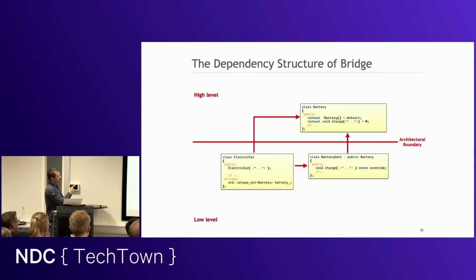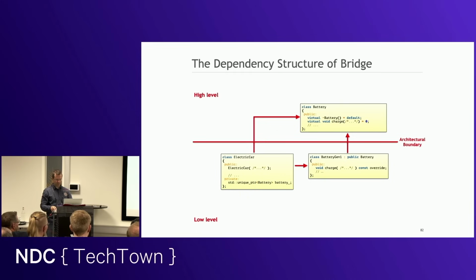But the difference becomes visible if you really think about dependencies. So this is the dependency structure of bridge. On the lower left, the electric car directly uses the battery Gen 1 and Gen 2 and Gen 3. It directly uses that. So these two are on the same level of the architecture. They know each other. That's the point.